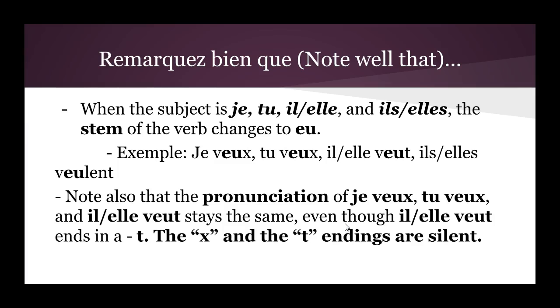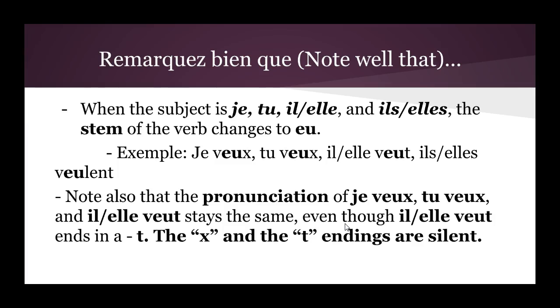You see the eu there. Tu veux. Il, elle veut. Et puis, ils, elles veulent. Okay, bon. Note also that the pronunciation of je veux, tu veux, and il, elle veut stays the same, right?